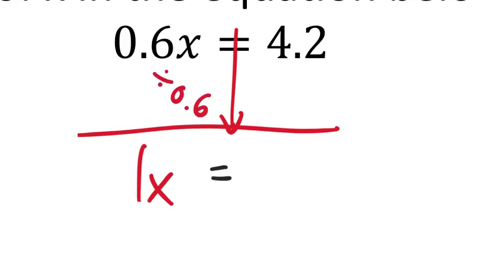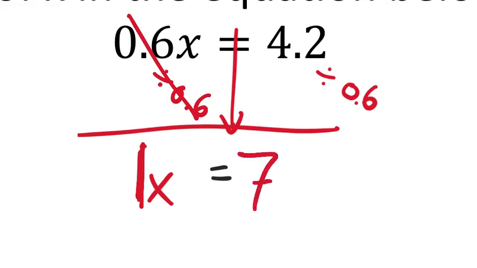But you can see this is a principle of equality because I put that in myself, which means that if I do it to one side, I must also do it to the other side. Now you could type this in the calculator, 0.6 divided by 0.6. It is 1, so I've already got my 1 there. 4.2 divided by 0.6 is 7.